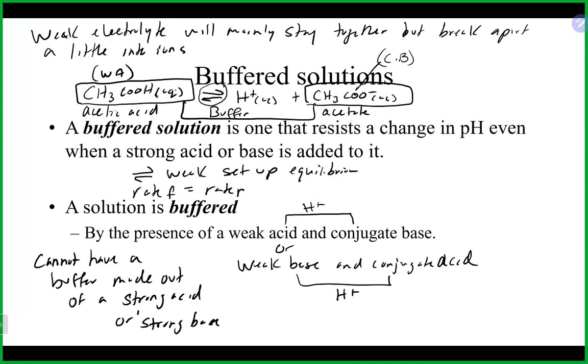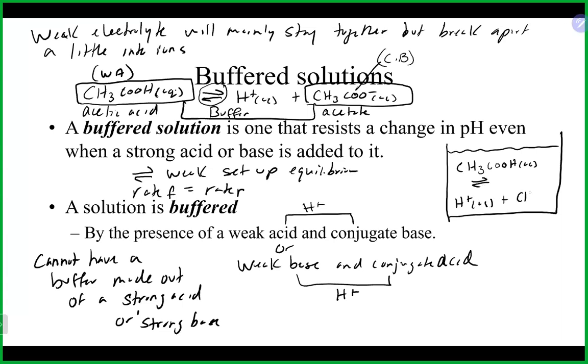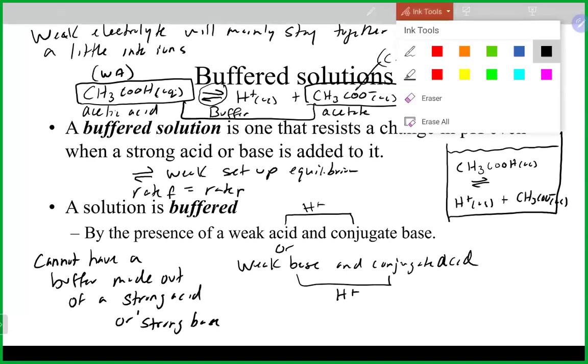If we were to look at this in the beaker, we put some acetic acid and some acetate in it, or sodium acetate. We can have this equilibrium set up where we will have our acetic acid, arrows and all, in the beaker, H plus, and acetate. Both of these things will actually be able to remain in the solution because it sets up this equilibrium.